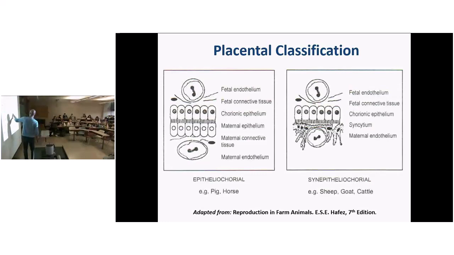In the case of endotheliochorial, you would have no more of this, just this in contact with these cells. And hemochorial, you would still remove these endothelial cells and just have the pool of blood basically irrigating the chorion.